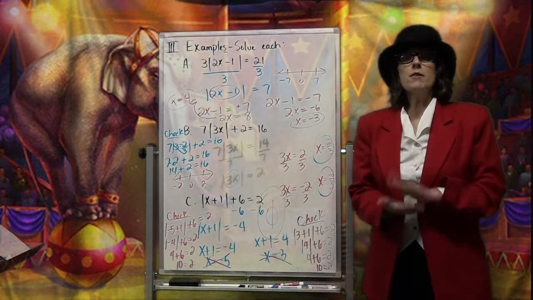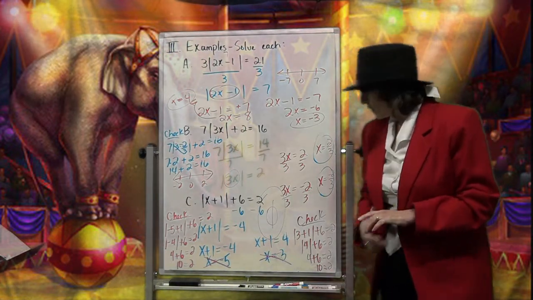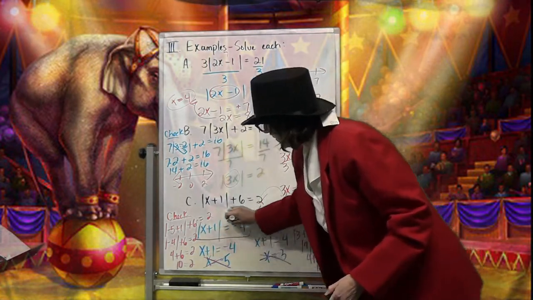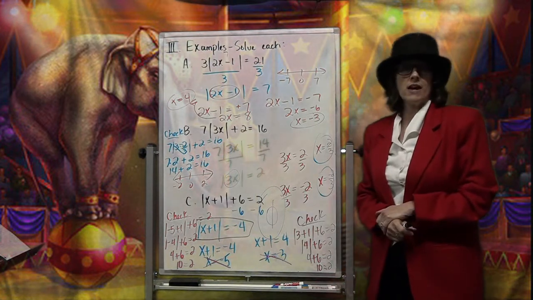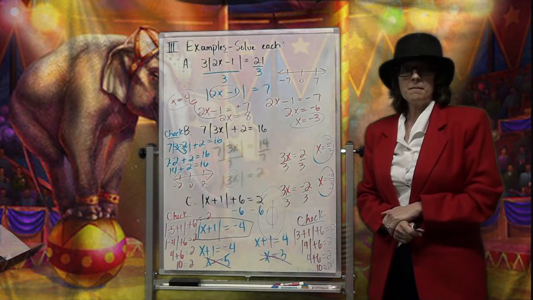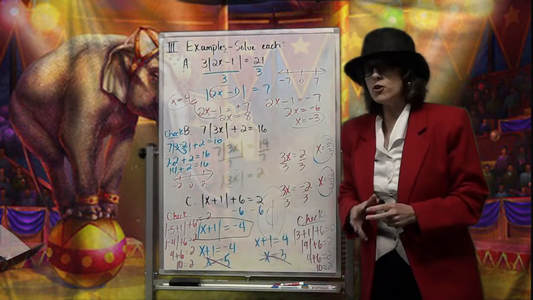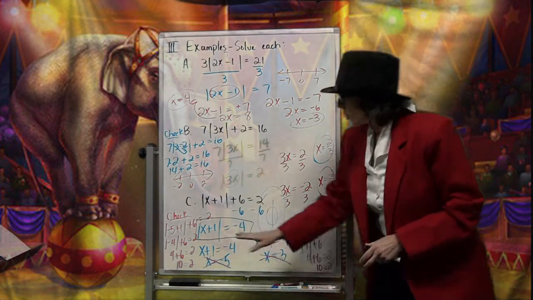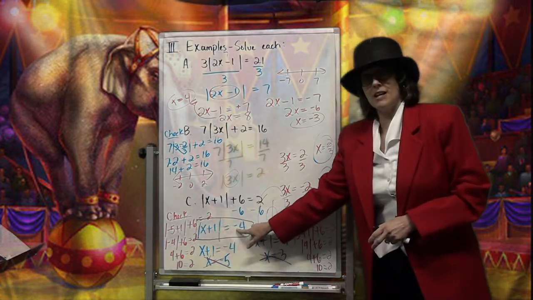Now, some of you are great at thinking outside the box. Some of you, quite frankly, could stop right here and call it no solution right at that point. How do we know this? Exactly. Remember, absolute value means distance from 0 on the number line. So what this is telling me is my distance is negative.